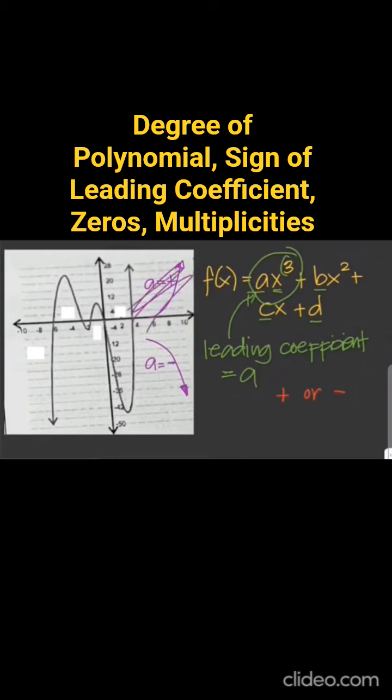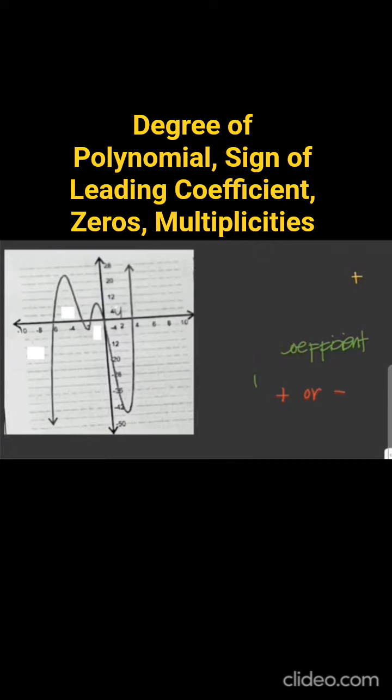Now, how do we determine or identify the zeros and their multiplicities given a graph? Graphs behave differently at various x-intercepts.